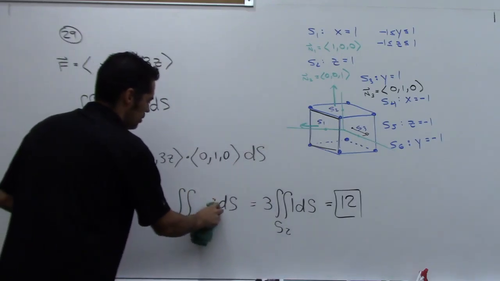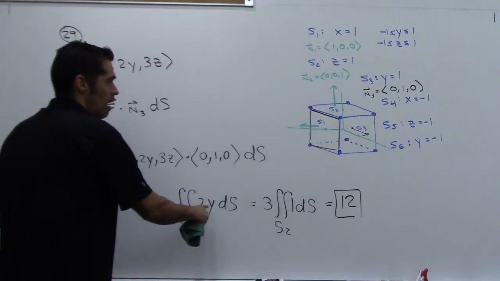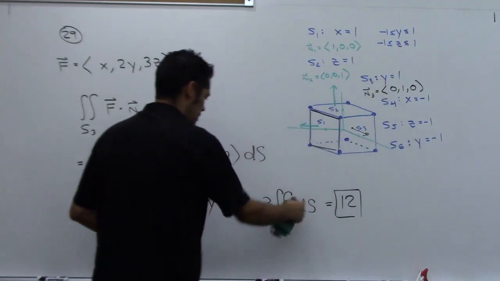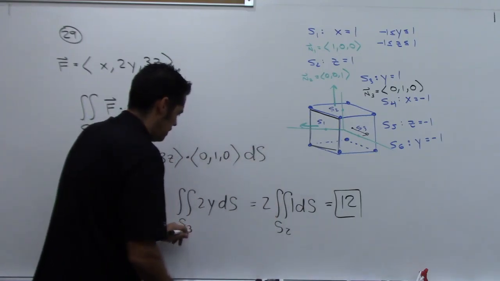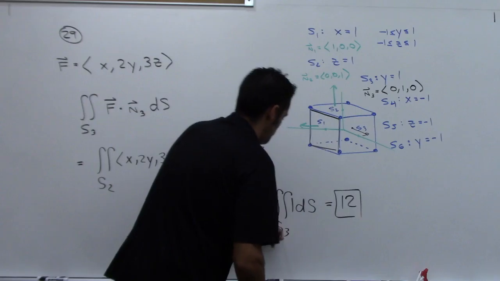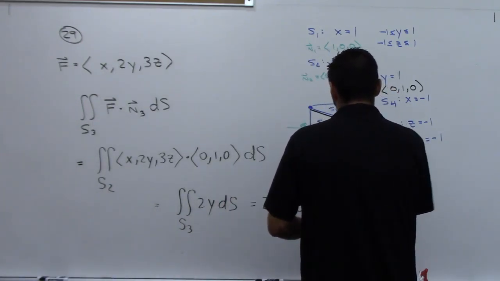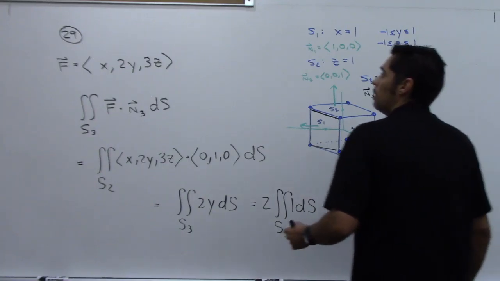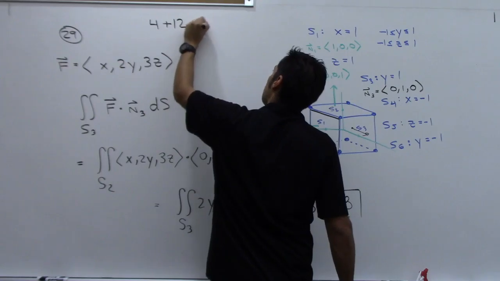When we dot that, we get 2y here. But y on this one is 1, so we get a 1, but we pull the 2 out. The surface area of S3 is 4, so we're going to get 8 here instead. So far we have 4 plus 12 plus 8.